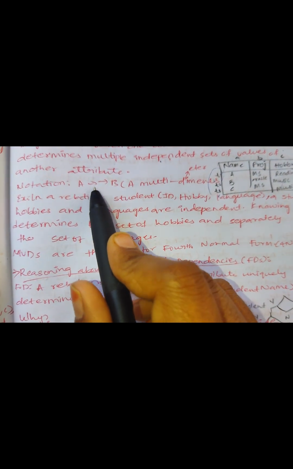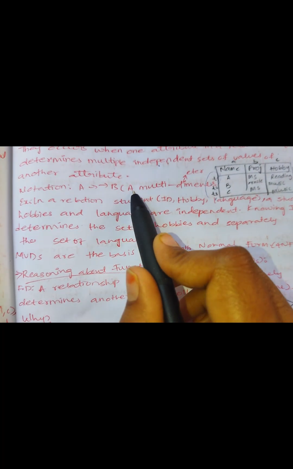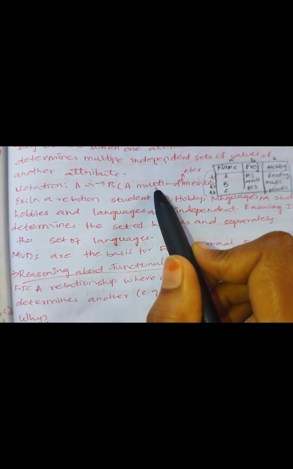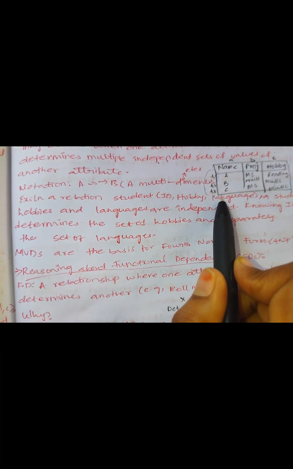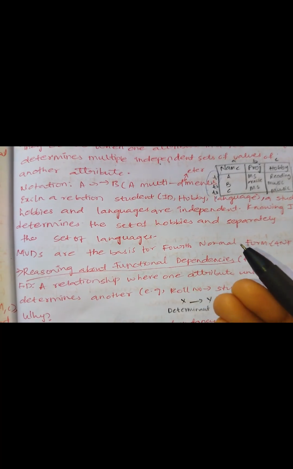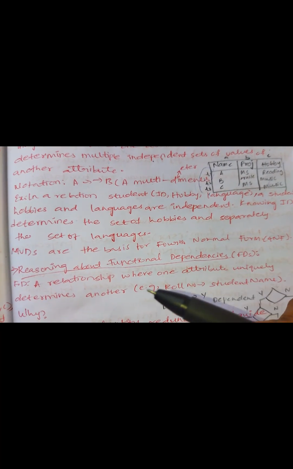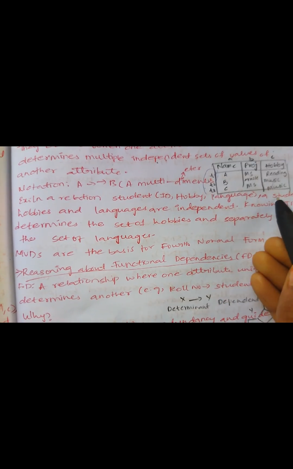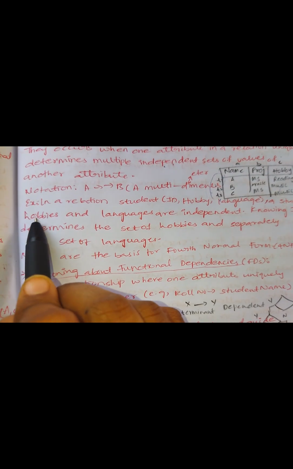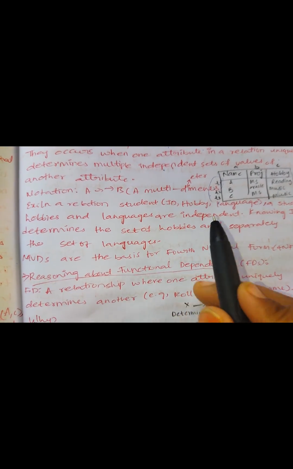Notation: A multi-determines B. Example: in a relation with student ID, hobby, language, each student has different hobbies and languages, and a student's hobbies and languages are independent of each other.